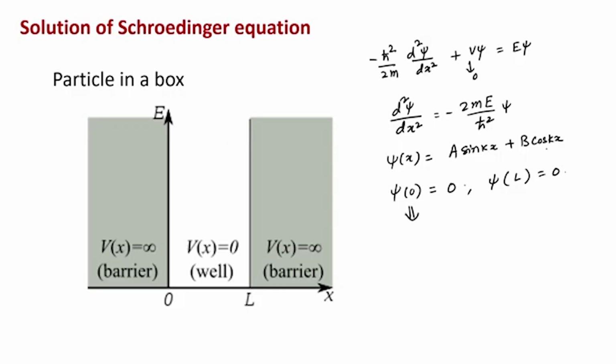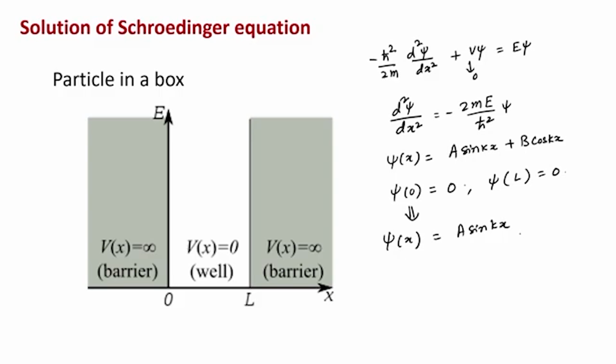In fact, it becomes just a constant B, which is what we do not want. So, we only keep the sine solution because the sine goes to 0 at x equal to 0. We really do not need the d psi dx condition, because we have these infinite discontinuities there, but these two boundary conditions are good enough for us to have a complete solution for the problem.